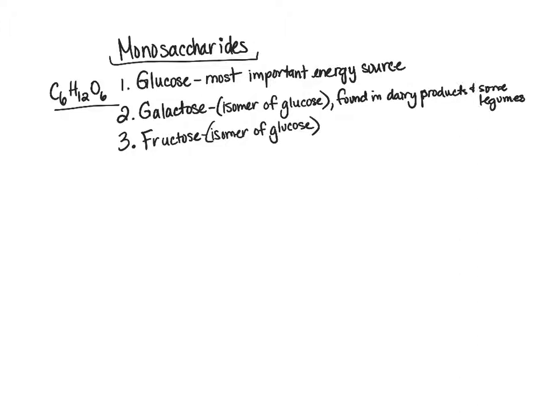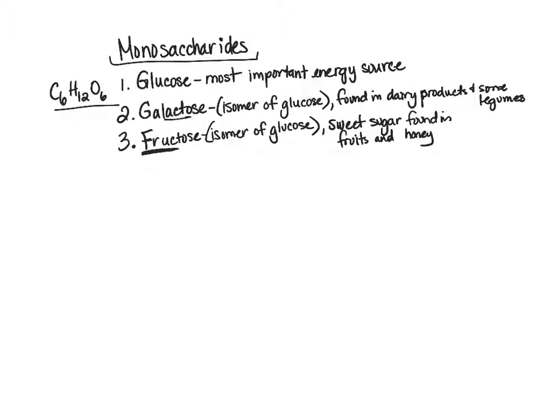The same molecular formula, C6H12O6, just rearranged. And this is the sweet sugar found in fruits and honey. You can remember that because fructose is fruit.